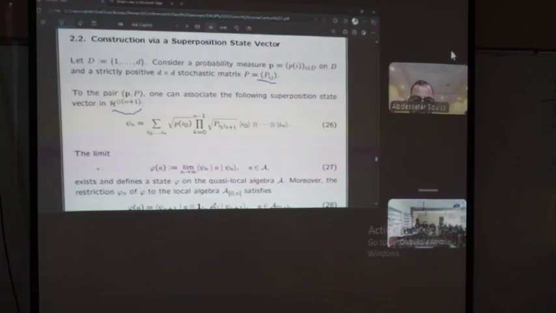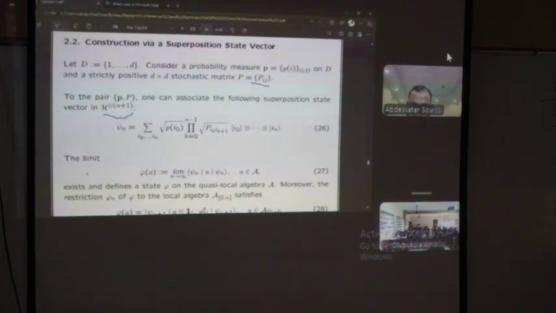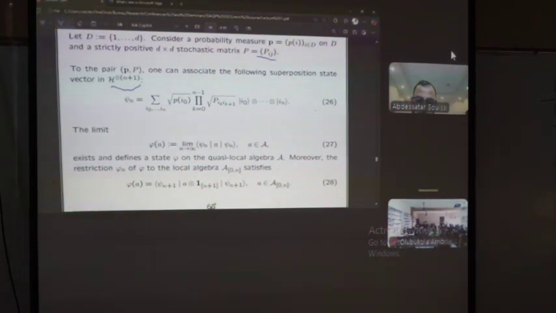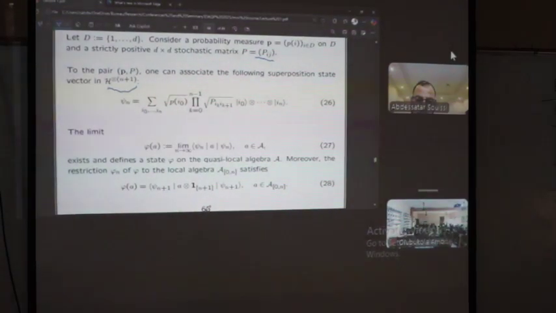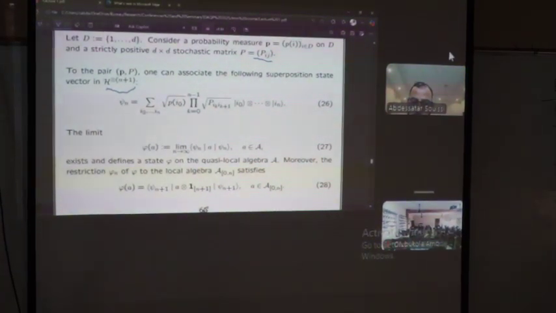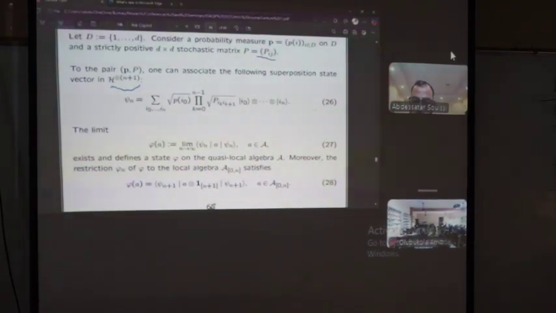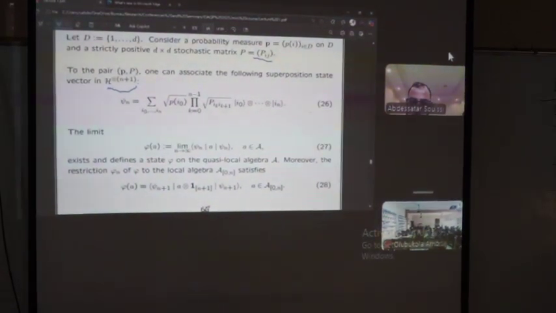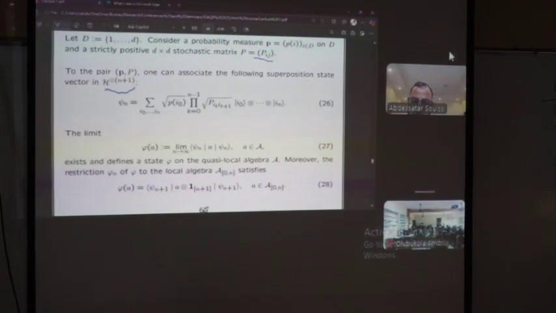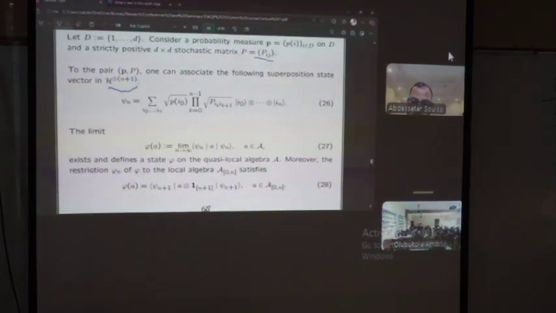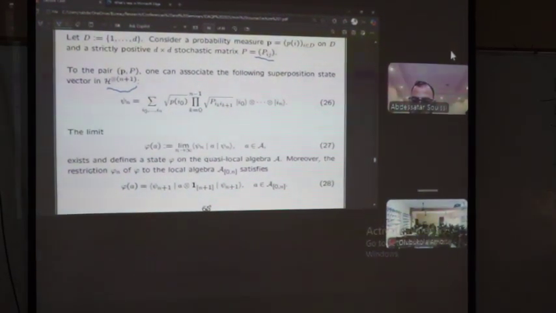So here psi is the vector, and our main problem is to find the limit state that can be interpreted as the limit of the expected value of A on the unit vector psi. Here we can show that psi is the unit vector, considering the norm.